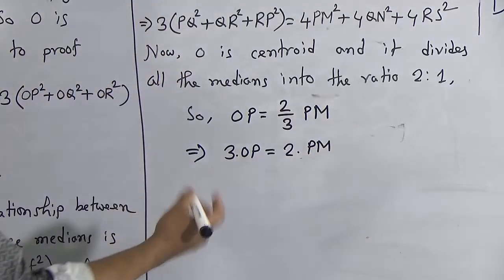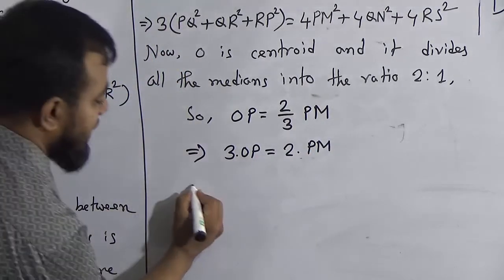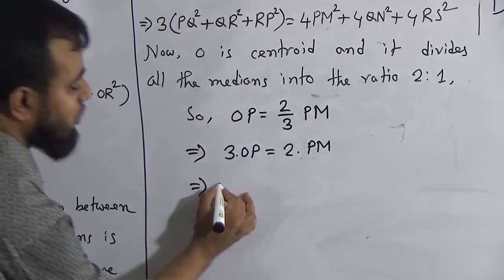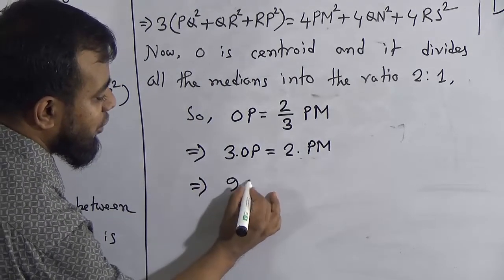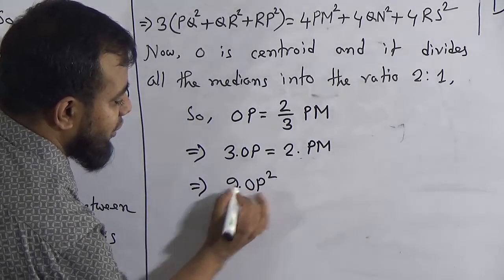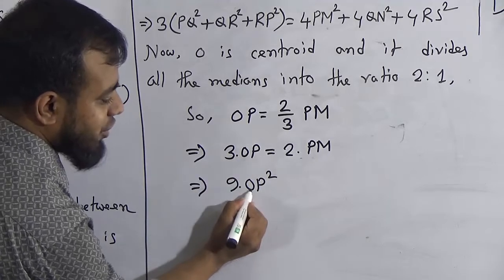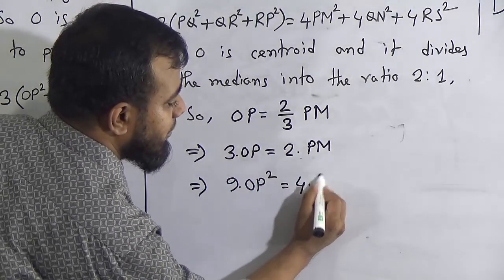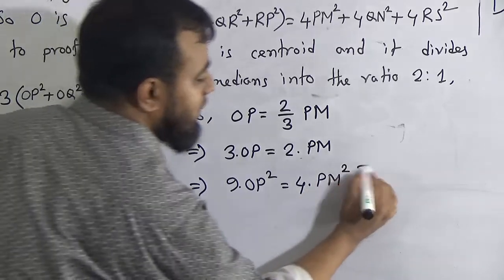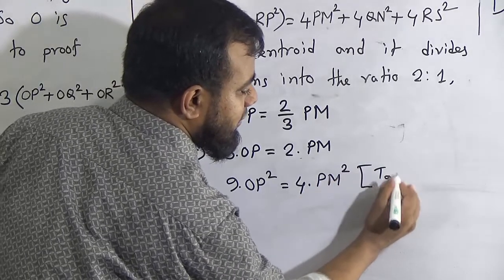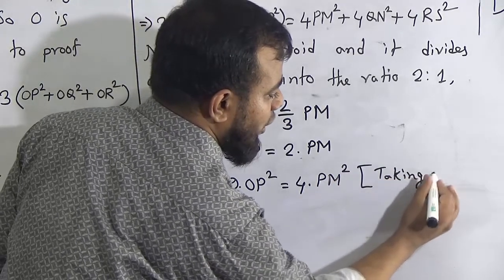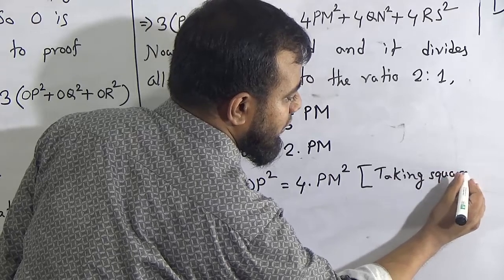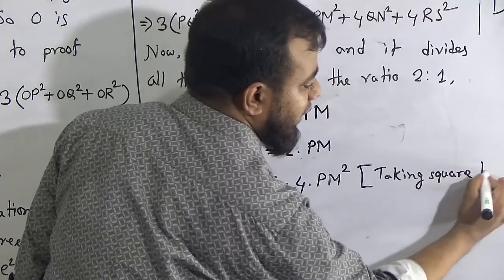Now we take square on both sides. We'll get 9 OP square, because 3 square is 9, equal to 2 square, 4 into PM square.